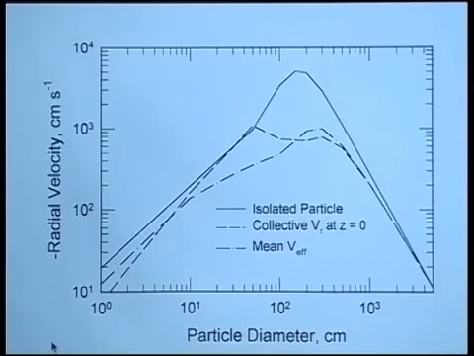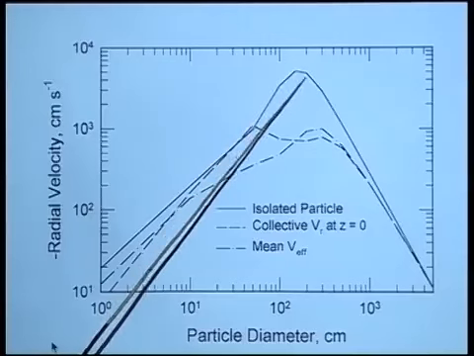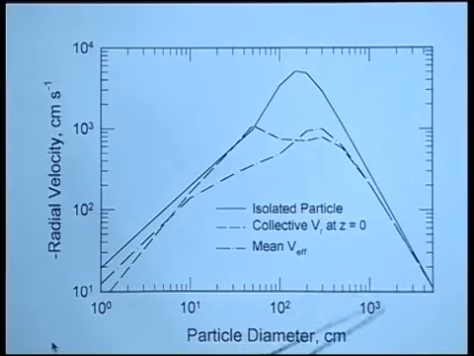But when we go back now to the radial velocities that are due to the gas drag here, the solid curve here is one that you saw before, and that's the velocity that an isolated particle would have at this size. But if we have this particular ensemble of particles with the surface density that I've assumed as plausible for this particular nebula model, I'm showing two things here.